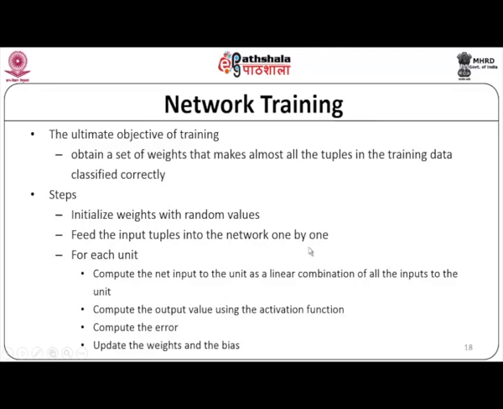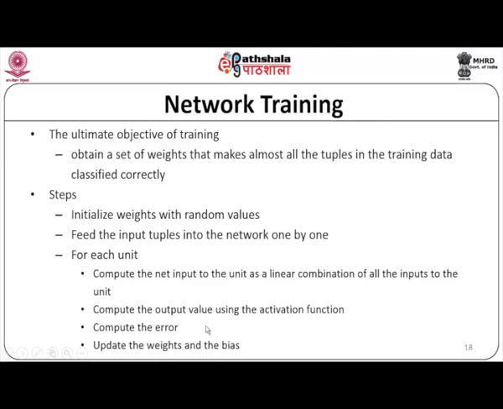So, the inputs should be submitted to the input layer nodes. Then for each and every unit in your neural network, you will have to compute the net input as a linear combination of the input and the corresponding weight. Based on the net input, calculate the net output, and you will have to indicate to what extent this output may be quantified using an activation function.